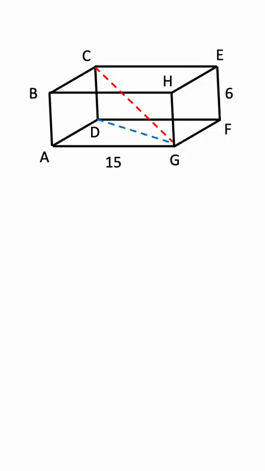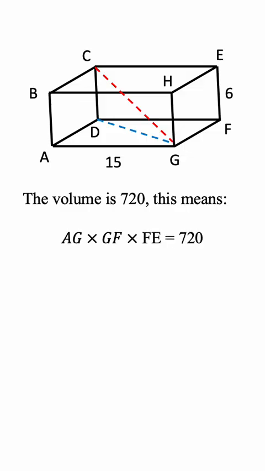Now, as we have access to the volume, which is 720, we can easily find the value for GF by multiplying AG times GF, which is the length times the width of the bottom part, times the height, which is FE, equal to 720.